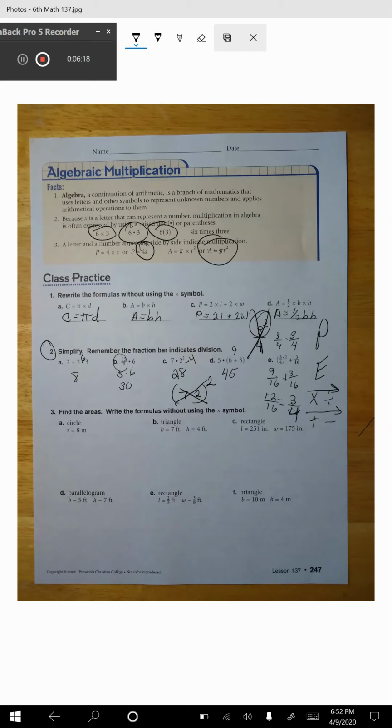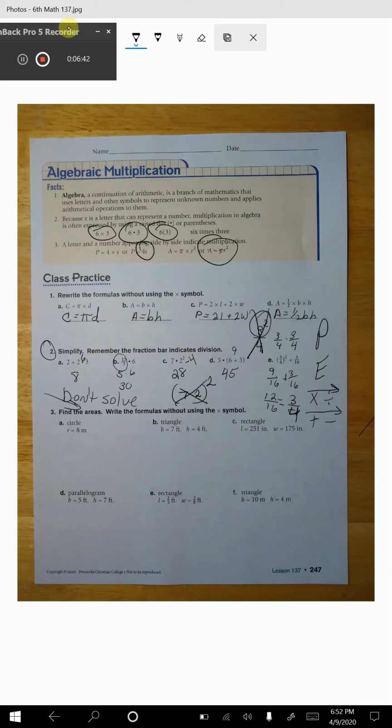Find the areas and write the formulas without using the symbols. All right, so I'm not going to solve all these for you. In fact, I don't want you to solve these. You don't need to solve these, okay? Let's take a little break. Don't solve these, but let's write the formula without writing the multiplication symbols, okay?